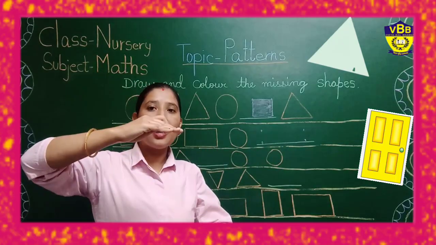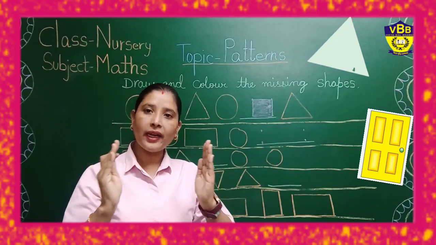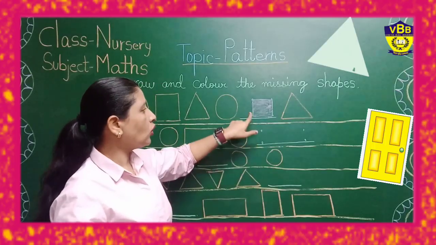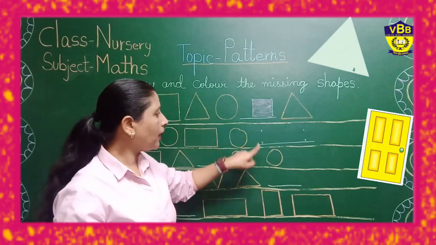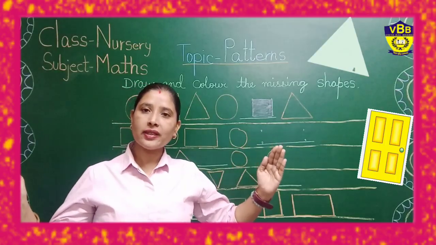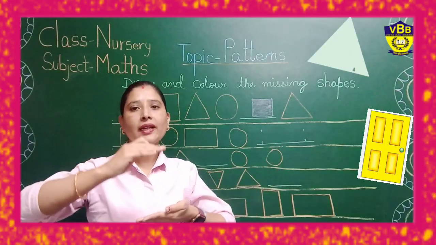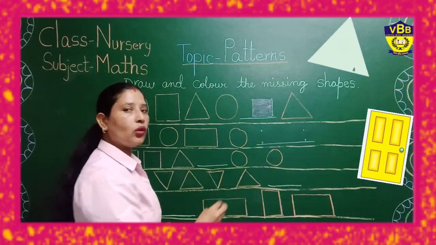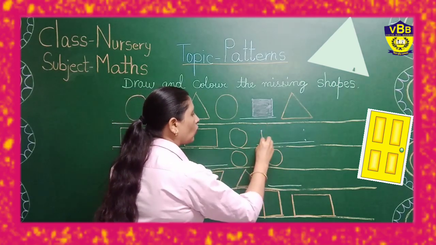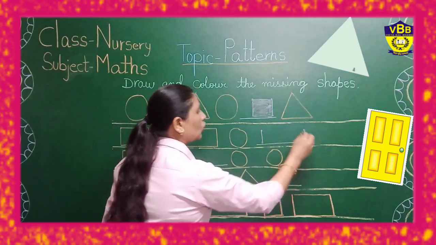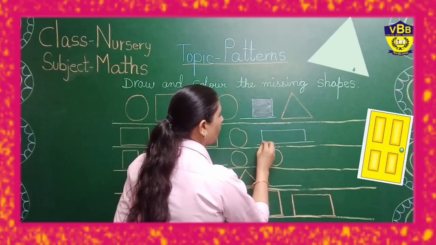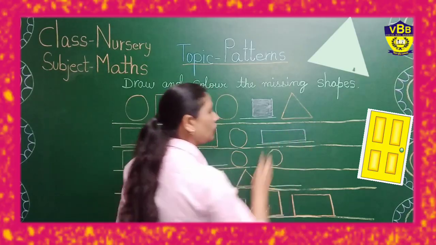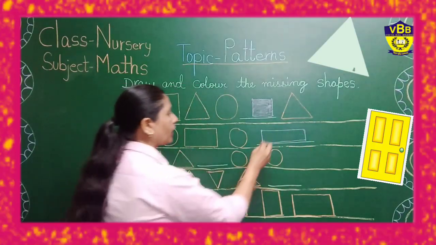So you can see a square has all 4 sides equal, but in a rectangle 2 sides are long, 2 sides are short. As we put 4 dots, we are going to make 2 standing lines, 2 sleeping lines like this. So this is a sleeping rectangle.